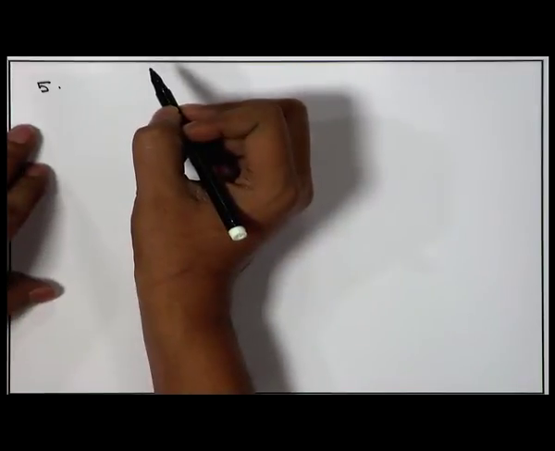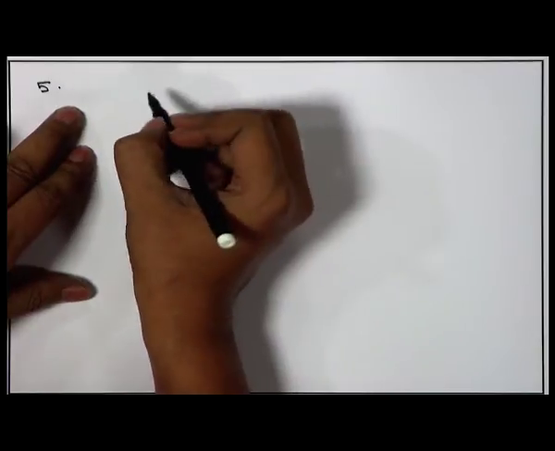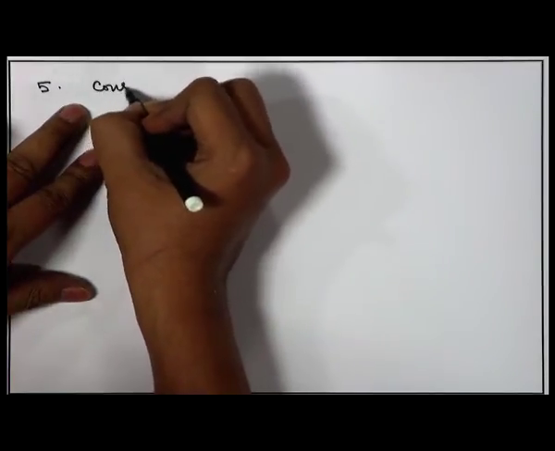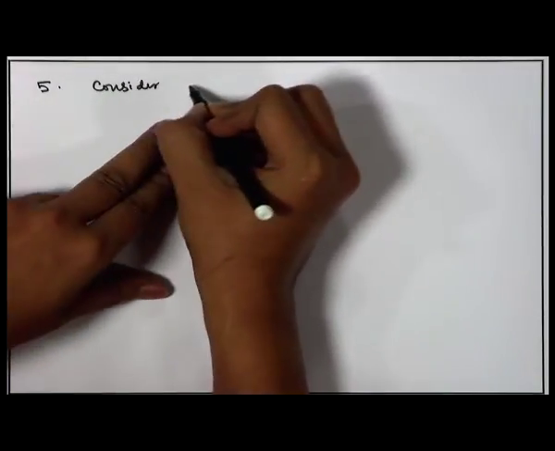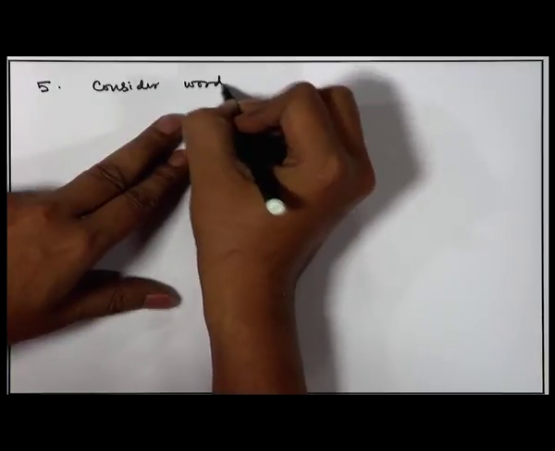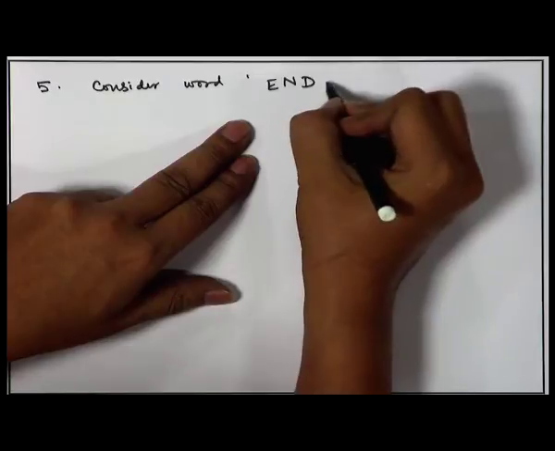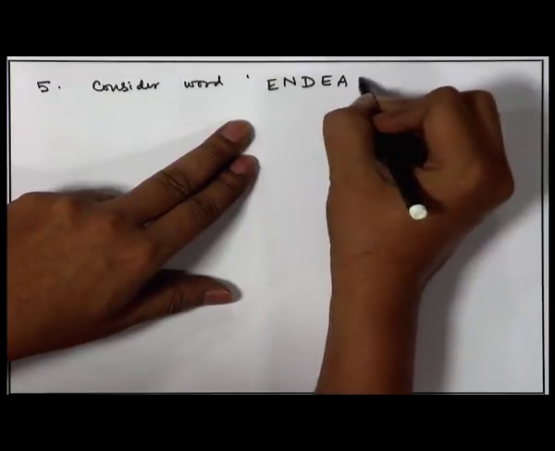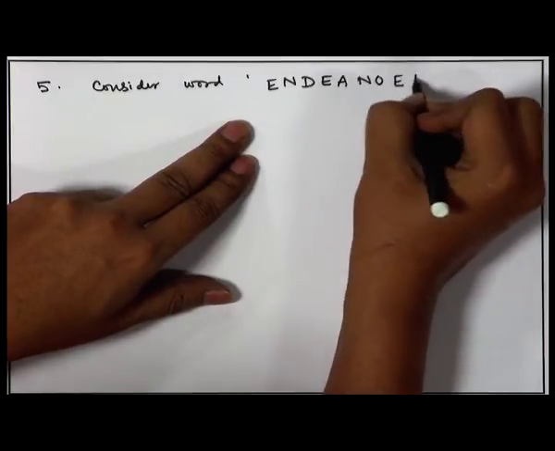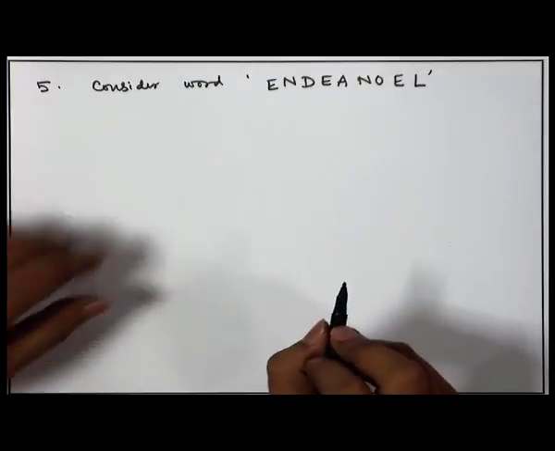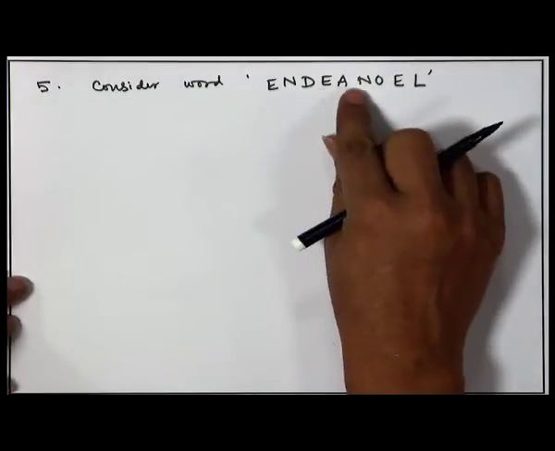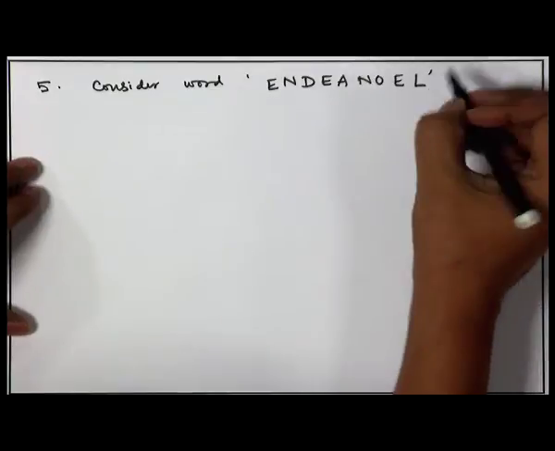Let us consider a particular word, ENDEANOEL. All right. So, if you count, there are 9 letters here.